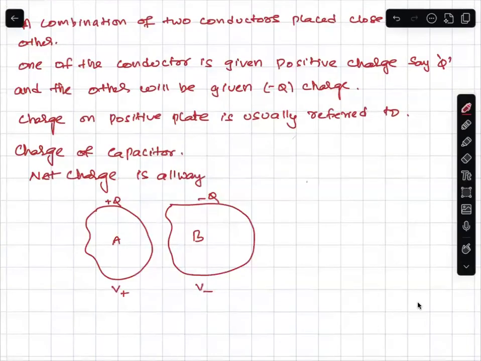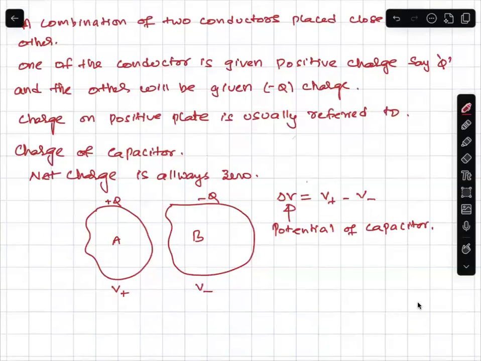So net charge for the arrangement is always zero. Also, the potential difference V plus minus V minus, this term is called the potential of a capacitor.